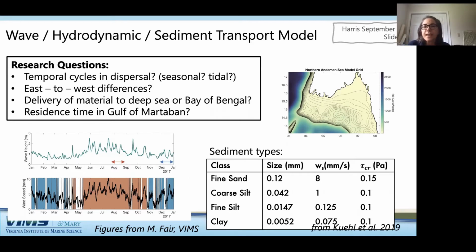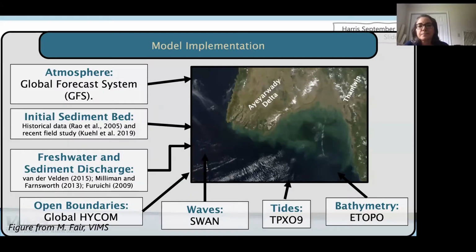And he wanted to look at whether the deposition and dispersal showed temporal signals. Was the seasonal signal big, or was a tidal signal? And he also wanted to look at the spatial differences in transport in terms of both east to west and the difference in transport within the Gulf of Martaban compared to offshore of the Gulf of Martaban.